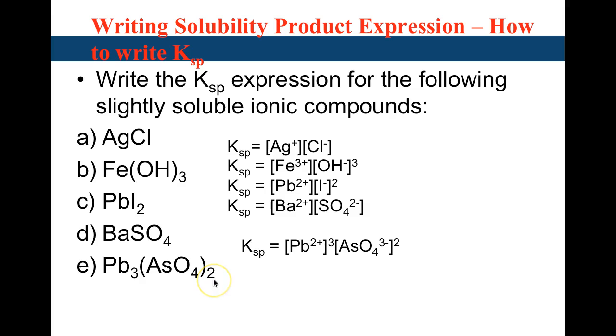And then there's a 2 plus on the Pb, but there's 3 of them, so cubed. And then there's a 3 minus on the AsO4, and then 2 of them, so squared, right? A little bit complicated, but if you think about it logically, you will end up with these expressions. So this is how the Ksp expression is written for these slightly soluble ionic compounds.